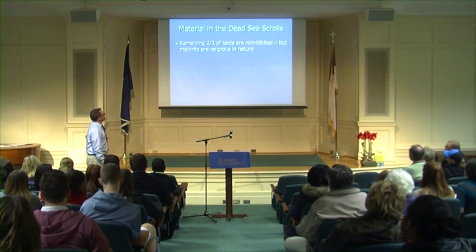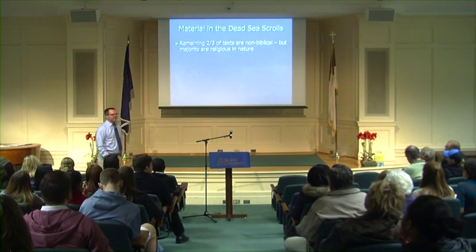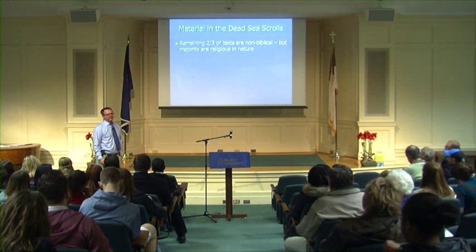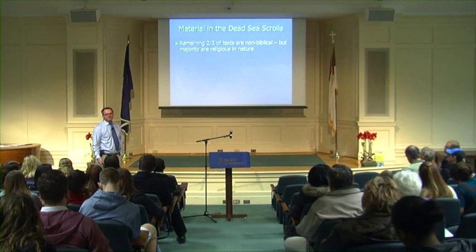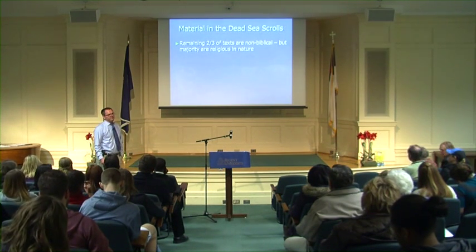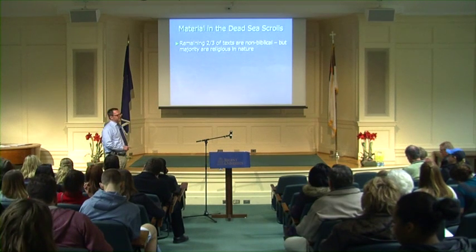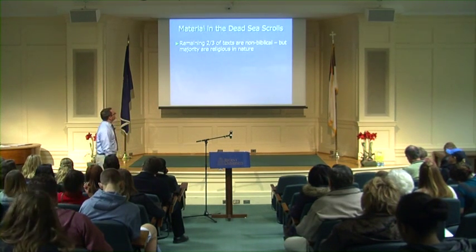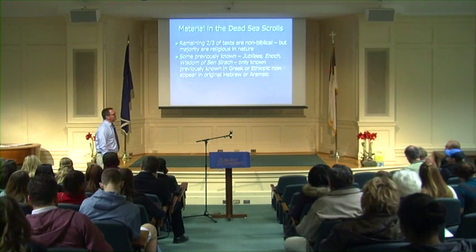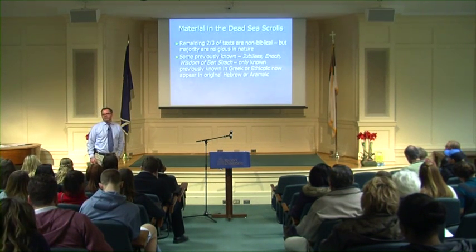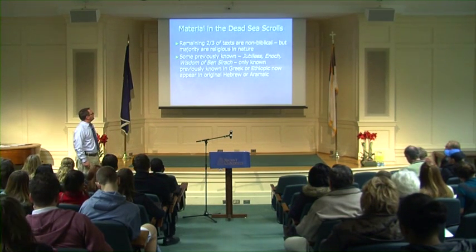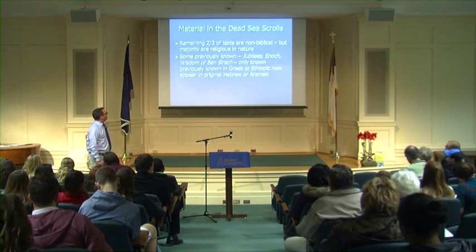The remaining two thirds of the texts are non-biblical, but they are very religious in nature. In other words, you're talking about texts that are about the religious life in the community, religious issues going on between various sects in Judaism in general. Some of the texts that we've found are previously known from the pseudepigrapha or apocrypha, such as the Book of Jubilees, 1 Enoch, or the Wisdom of Ben Sirach.